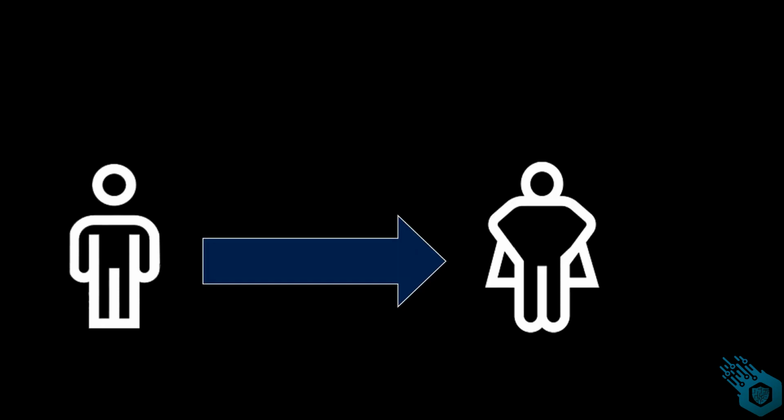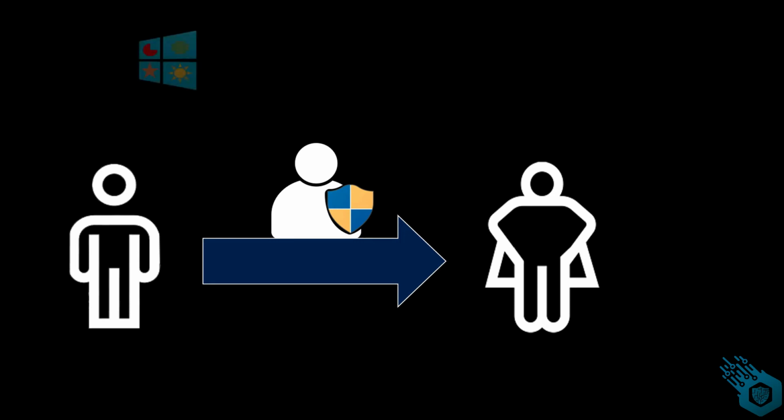So here's what we're actually going to do today. We're going to take a regular user and we're going to elevate the privileges. And we're not going to go about this the normal way and get through the UAC. Instead, we'll use FOD helper and its high privilege. We're going to exploit the design flaw in FOD helper that makes it go into registry and ask for a certain value.